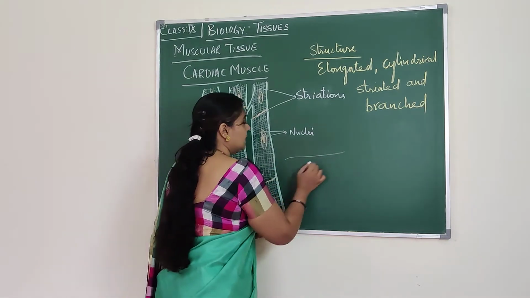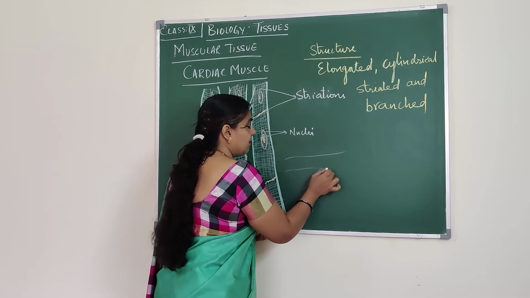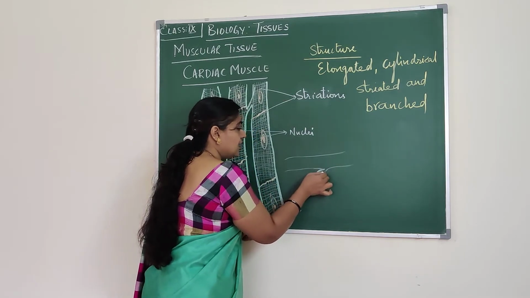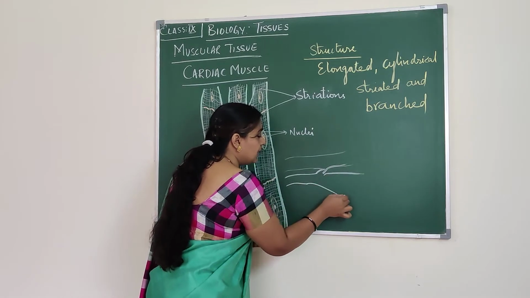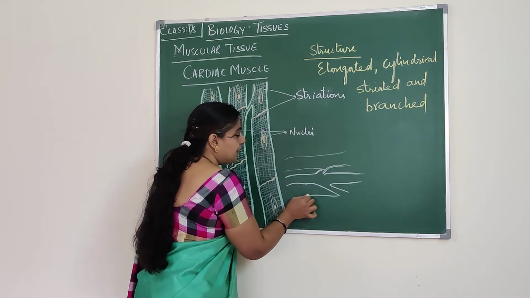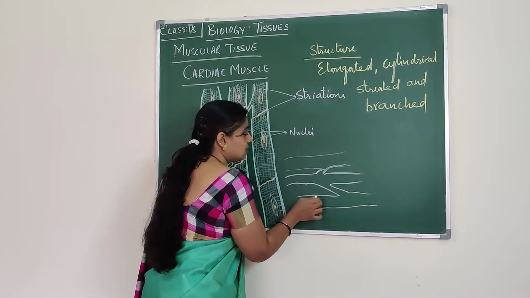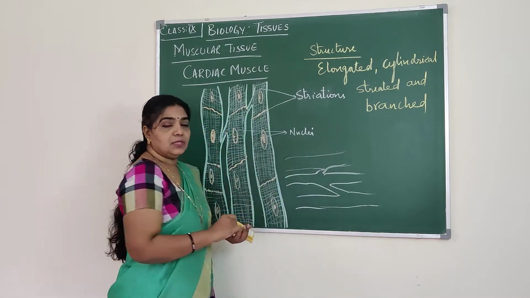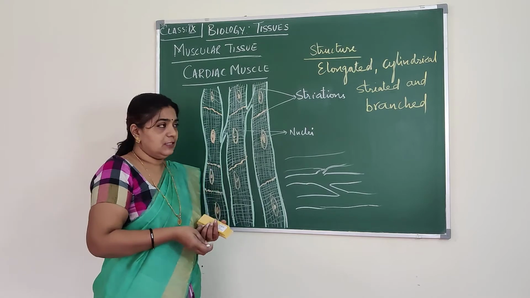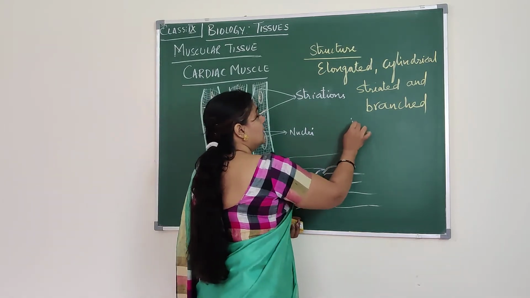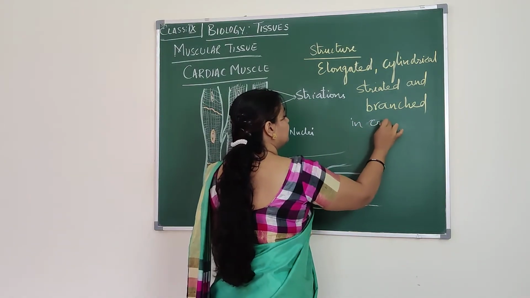If this is the cell of cardiac muscle, one cell is connected to another cell by branches. See, it is connected. That's why we say it is branched in a crisscross manner.